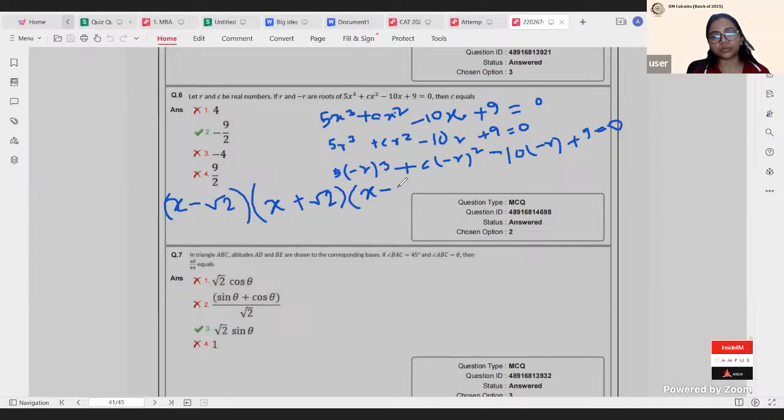So we can consider it to be x minus k. And it should equal 0 because these are the roots, so it should satisfy the equation, right?